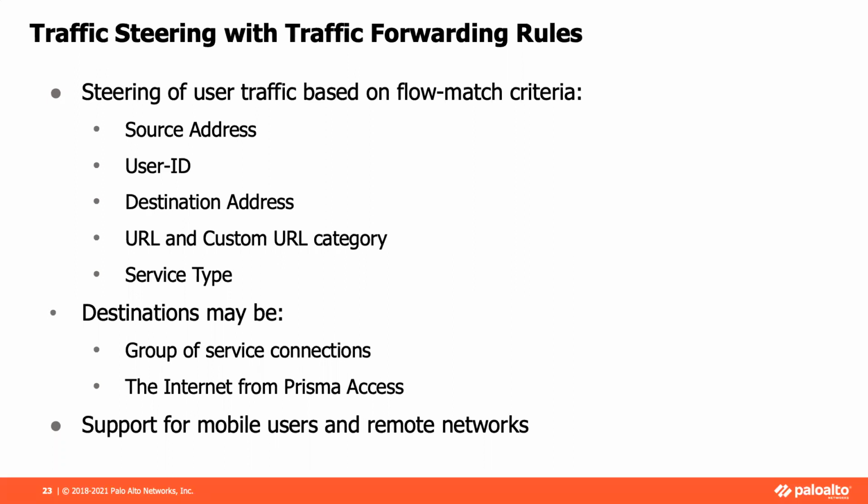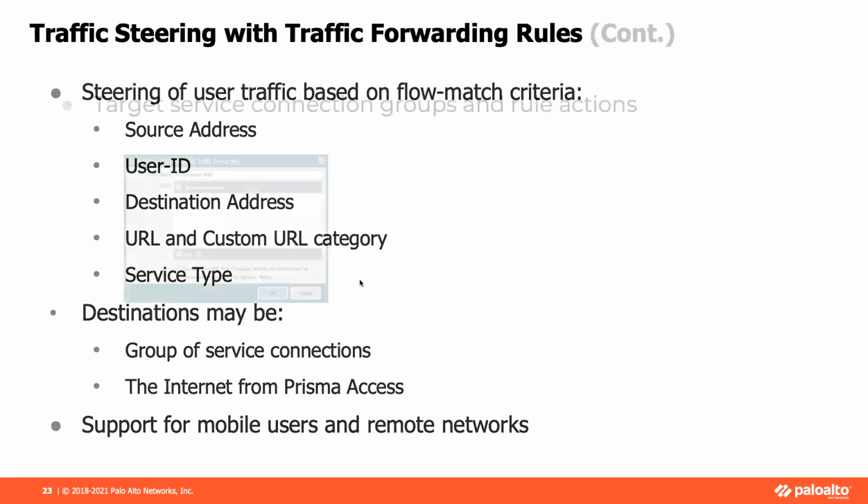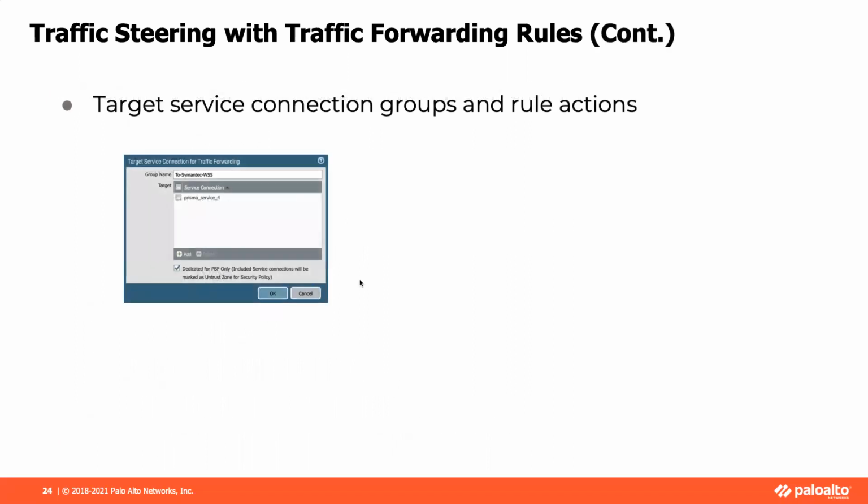So the way you would choose a different destination to steer the traffic in a different direction is first you would create a service connection group. You give the group a name and you stick your different service connections in there, whether it's a group of one or a group of many.